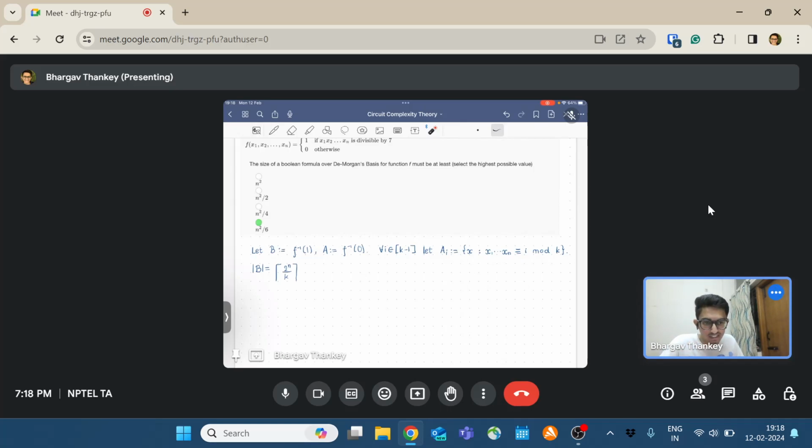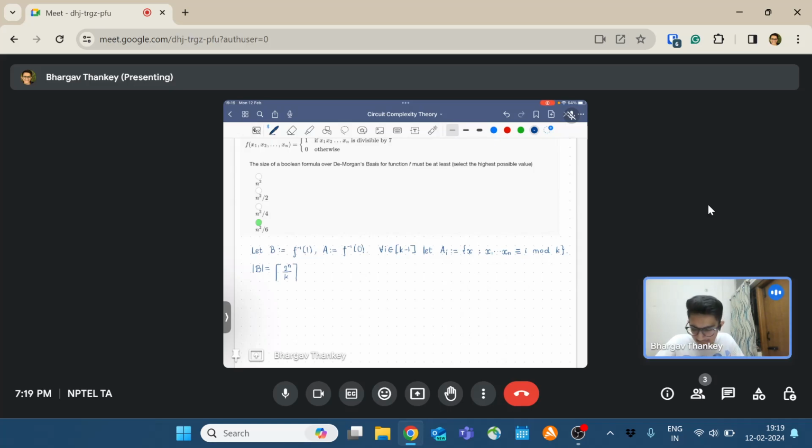Then I need two things, a 0 and 7, the first and last one. Are you convinced that the size of B is the ceiling of 2 to the n over k? It depends on the choice of k, right?